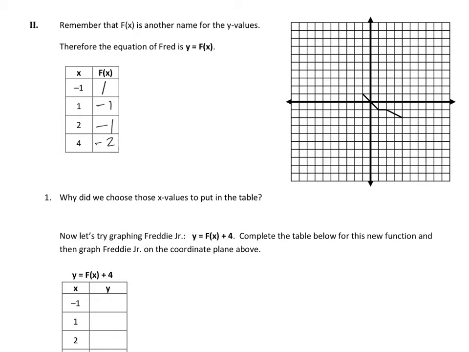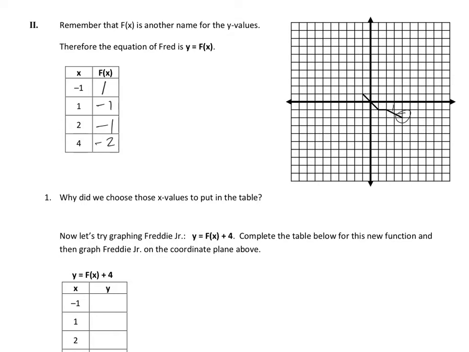I just used the graph that was here, and they gave me which points I wanted to use. I found the corresponding f of x value or the y values that went with those x values, and I filled in my chart. So again, just to make sure you're with me, the critical points are here, here, here, and here, because it's where the graph changes. All right, so those are the 4 points that we used to fill out this chart.